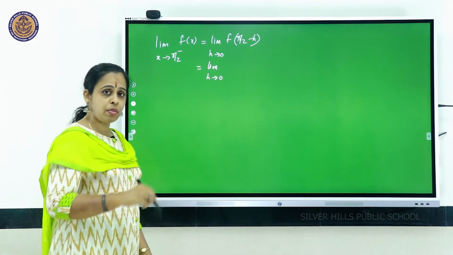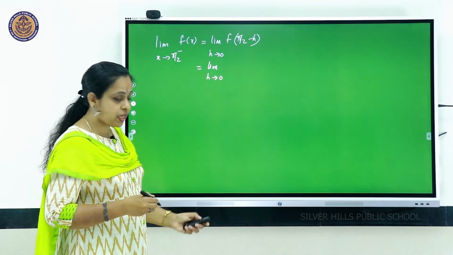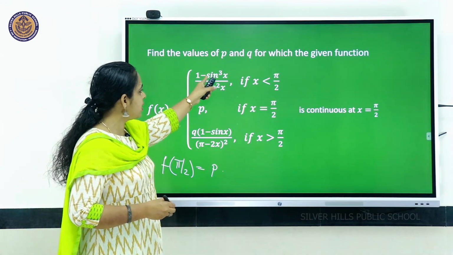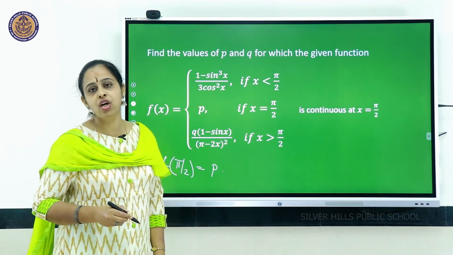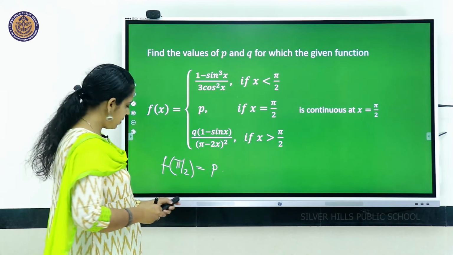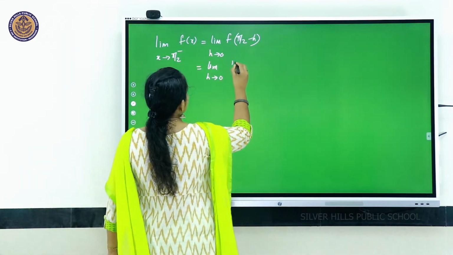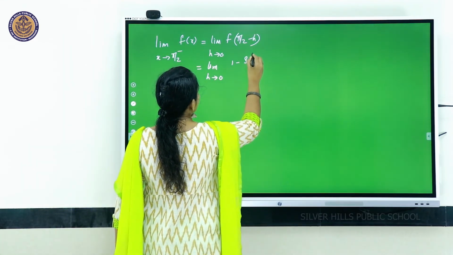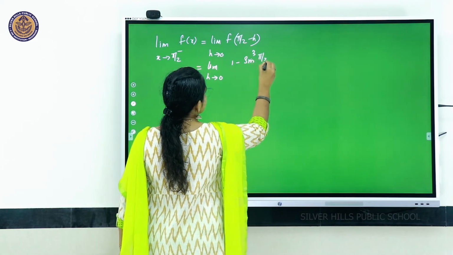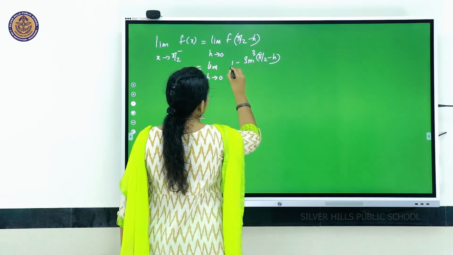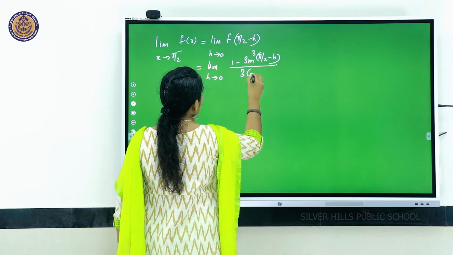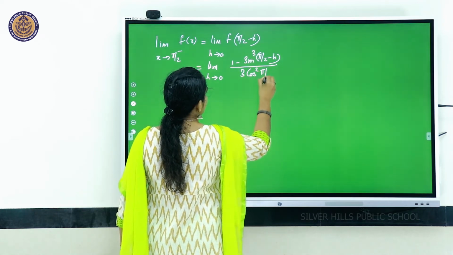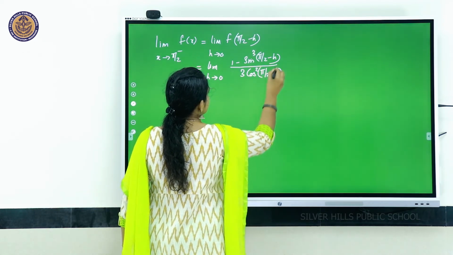What is pi by 2 minus h? That plays the value of the function. Let us see. 1 minus sine cube x divided by 3 cos square x.